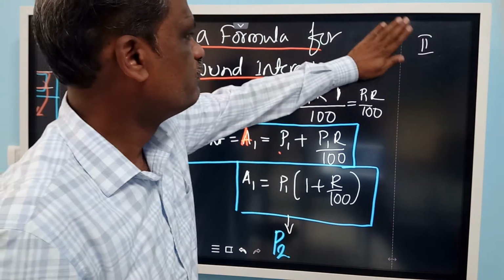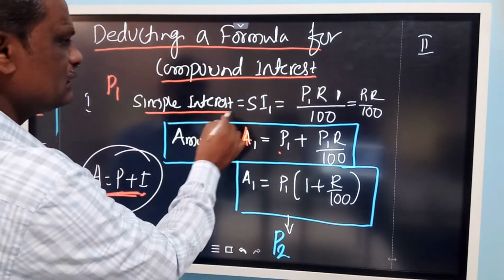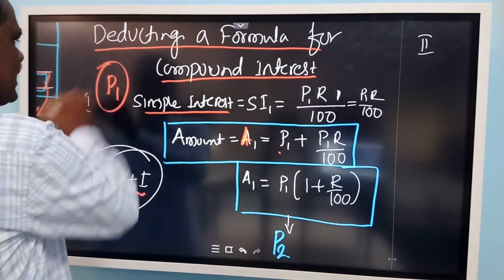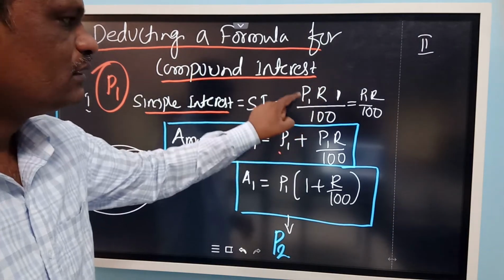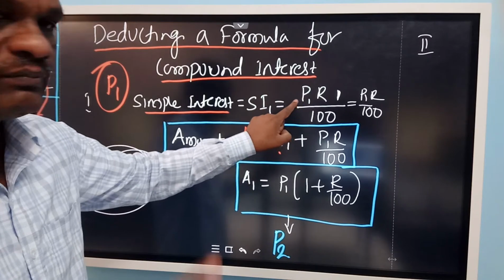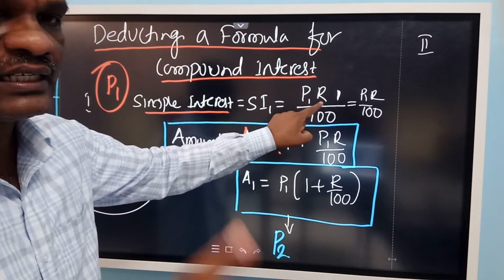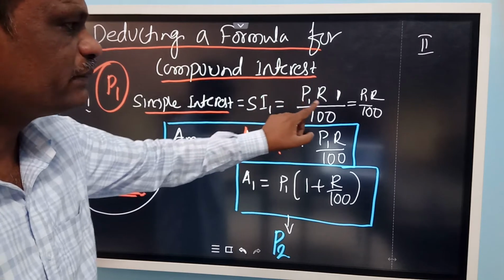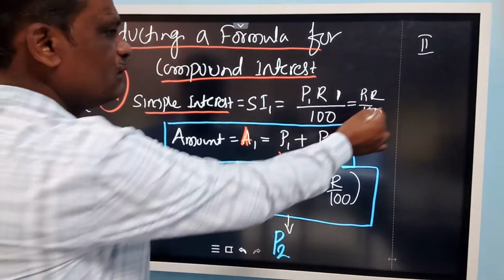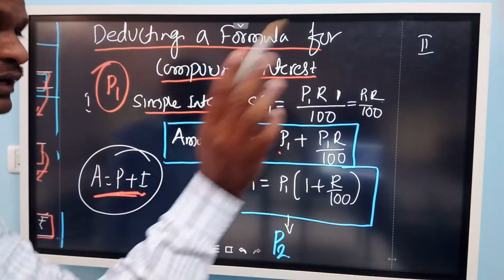See now, we are using the simple interest formula. Principal value we have taken P1, so PRT by 100. Principal here is P1 because it is the first year. Rate we are taking R, fixed. Time is 1 year, divided by 100. Interest will be P1 R by 100. Now I want the amount.